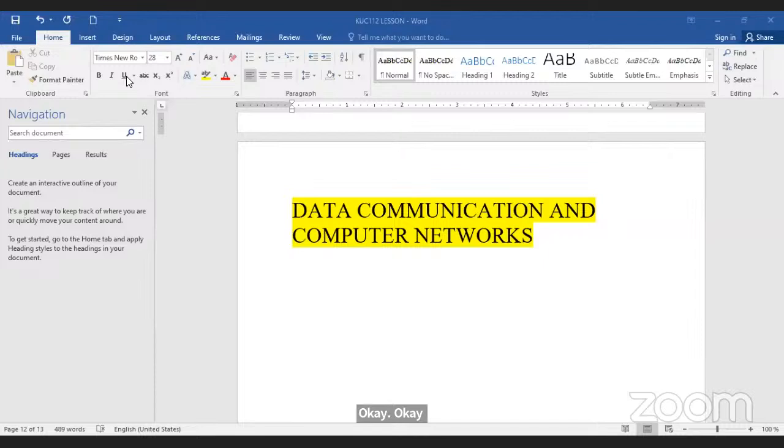Data communication, data networks. By using an example. When are we going home, teacher?